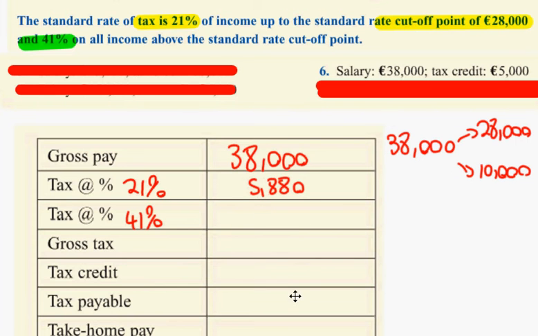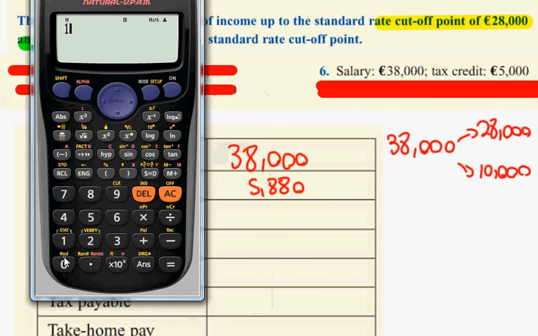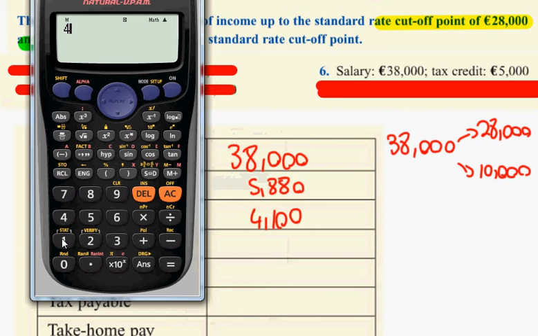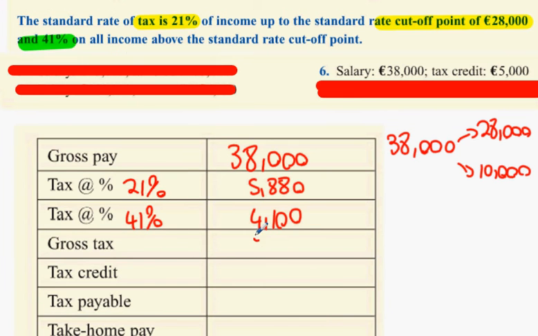Then I'm going to do the other one, which is 41% off what number? 10,000, yeah? So 10,000 multiplied by 0.41. And the tax at the higher percentage is 4,100. What's our gross tax? 9,980.